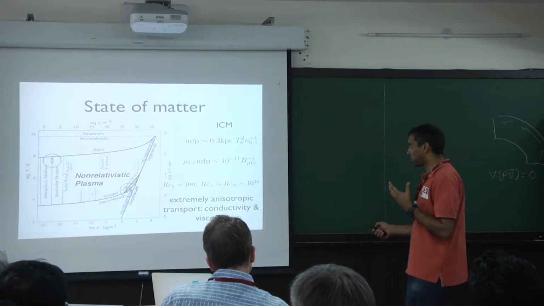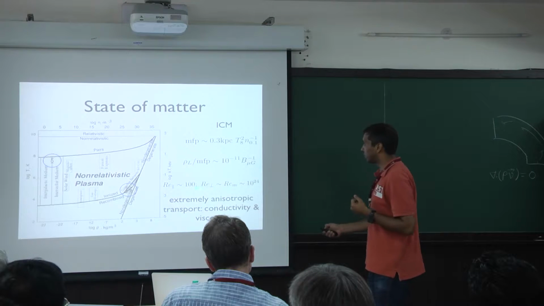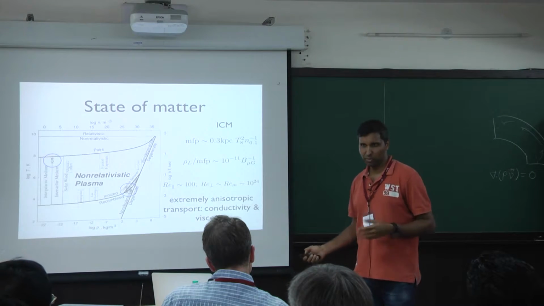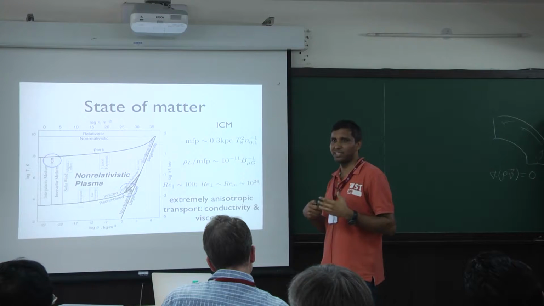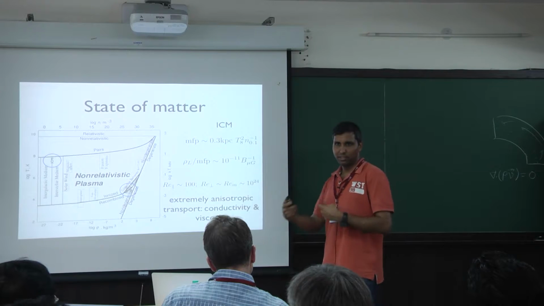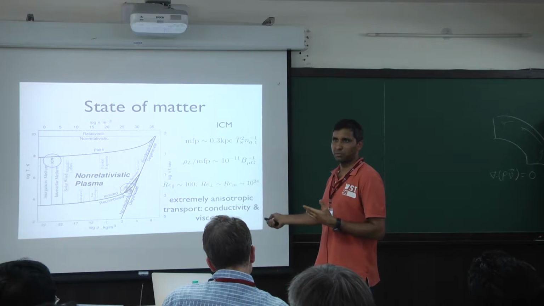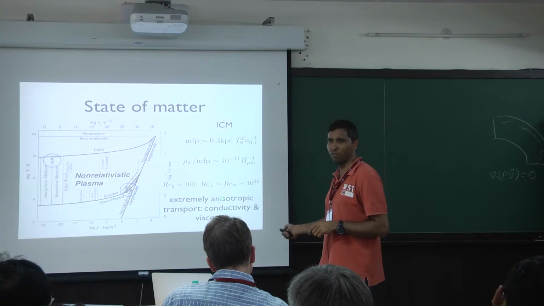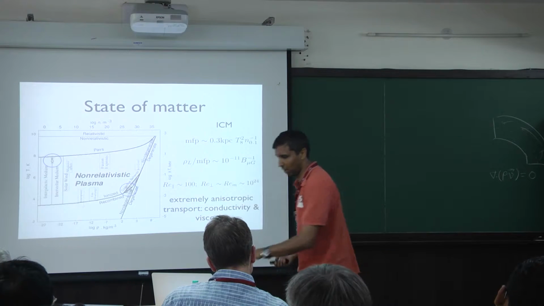One note of caution is you cannot take these numbers literally, because plasma is known to be extremely unstable. So you cannot just plug in and say that the anisotropy of transport will be that enormous. Some small scale instabilities will almost always do something to break this down.